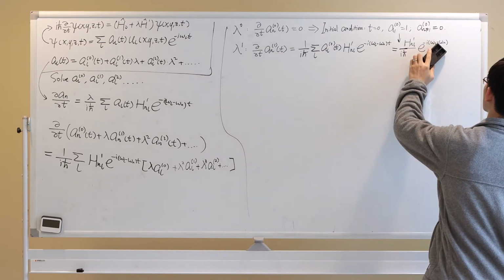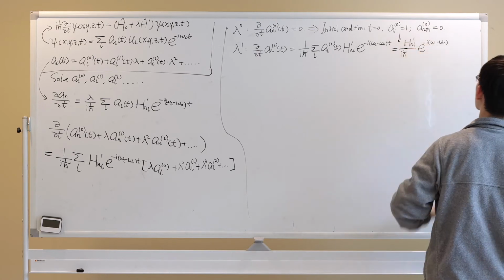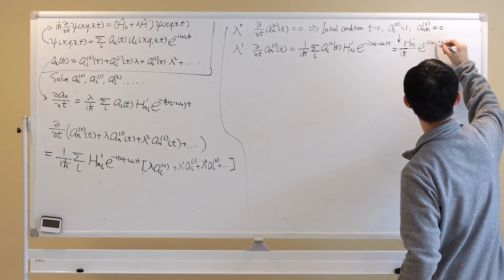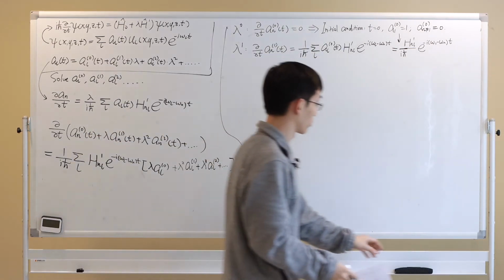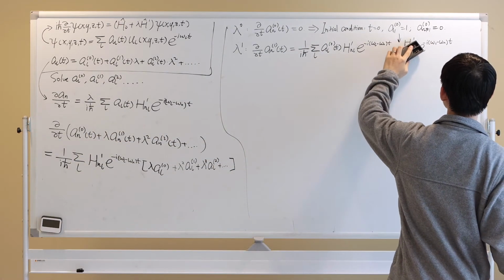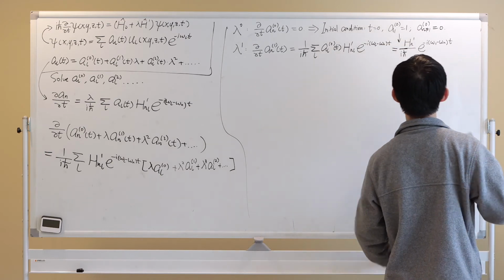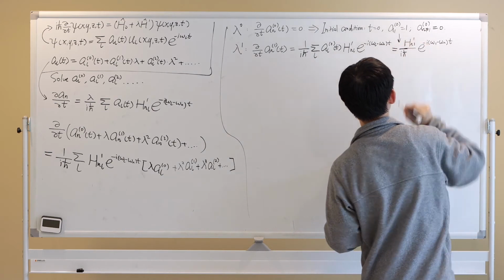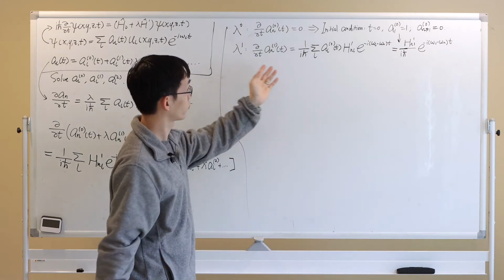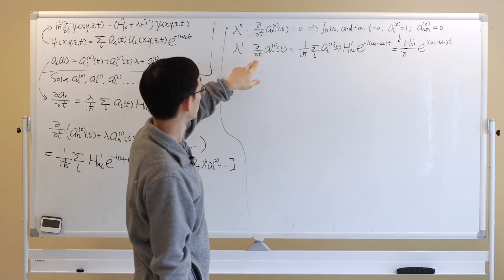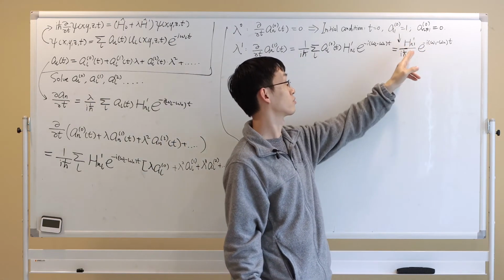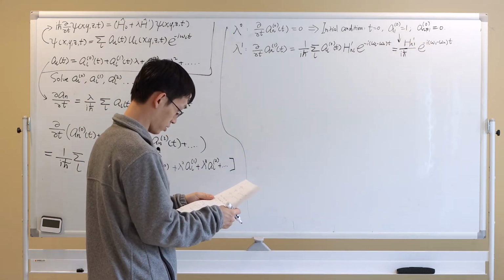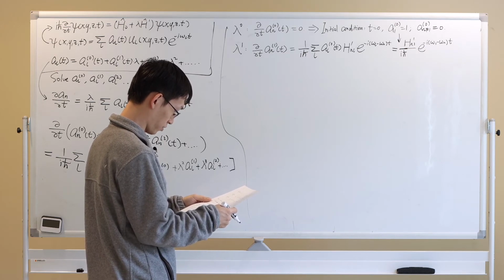L is 1 now, so it's omega_1, and n1. In this way you have a very simple solution now. The differential of a number gives you an exponential of something. So we can quickly solve this.